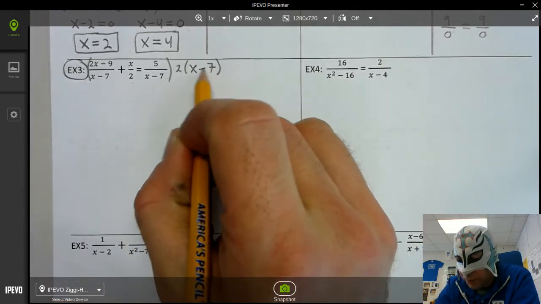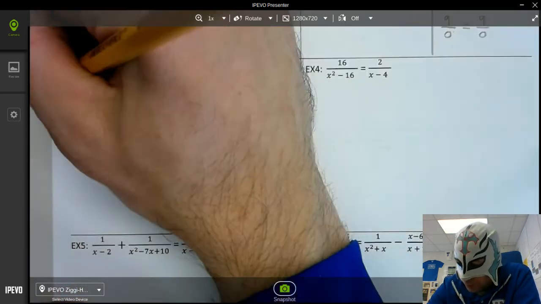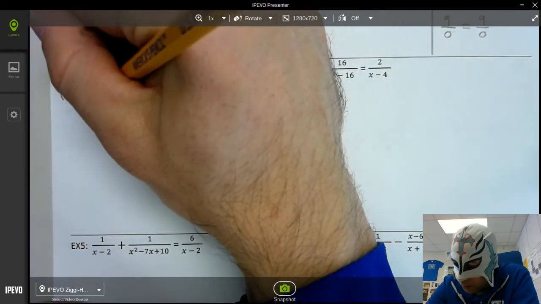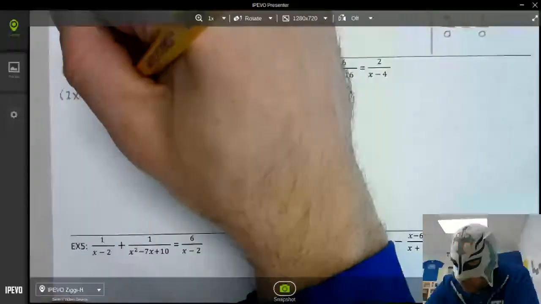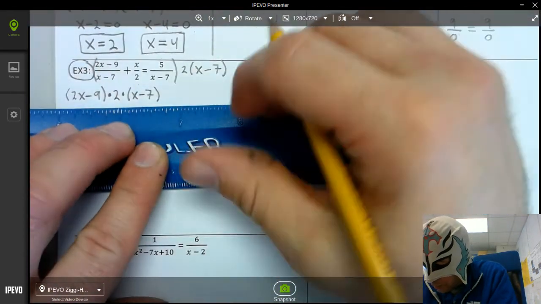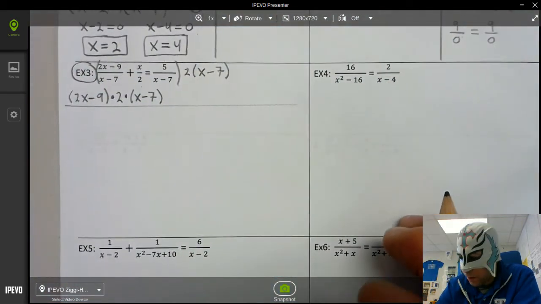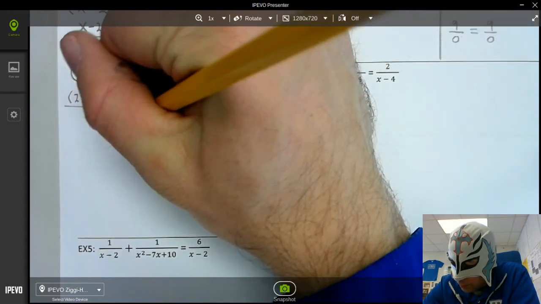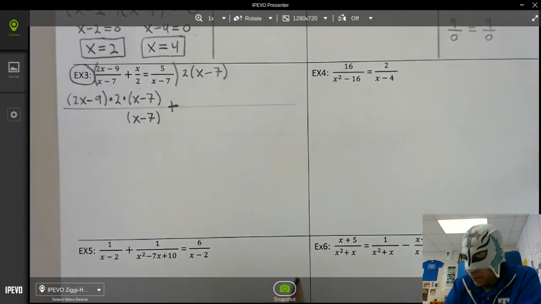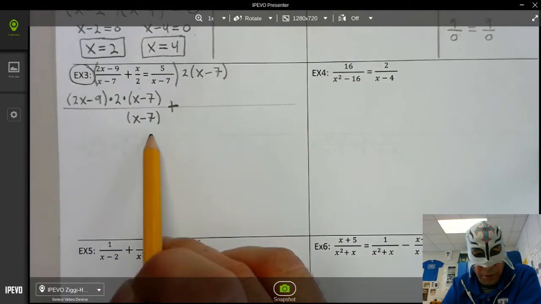And I'm going to leave it as 2 times x minus 7 for a reason you'll see in about 8 seconds. So that's parentheses 2x minus 9 times 2 times x minus 7 divided by x minus 7 plus, and what I'm hoping you see is that because we left it in this format, it's easier to see that these will divide and become 1.